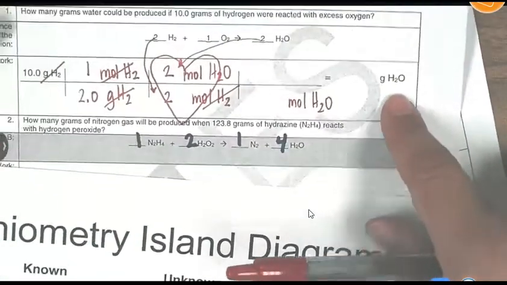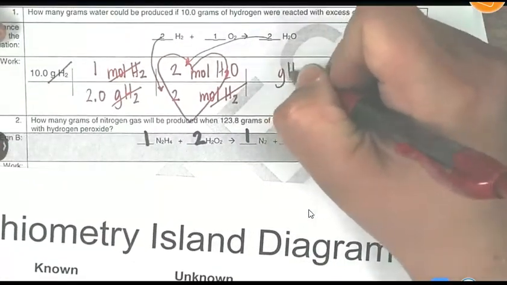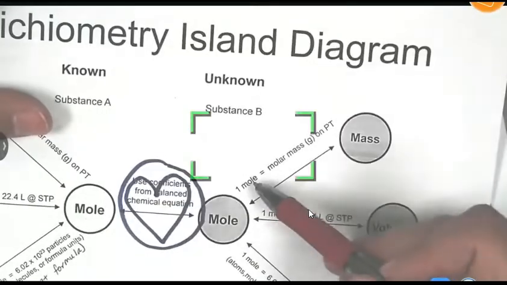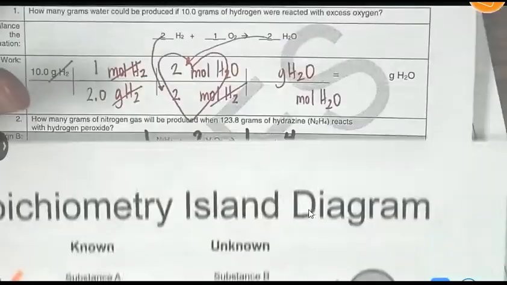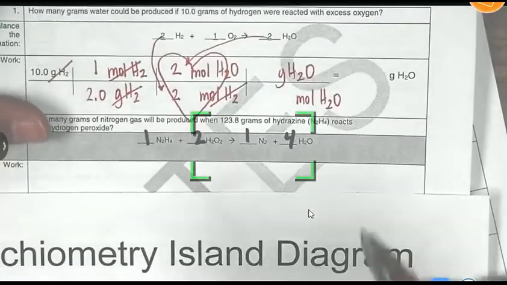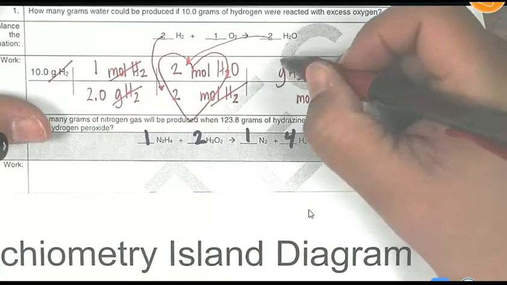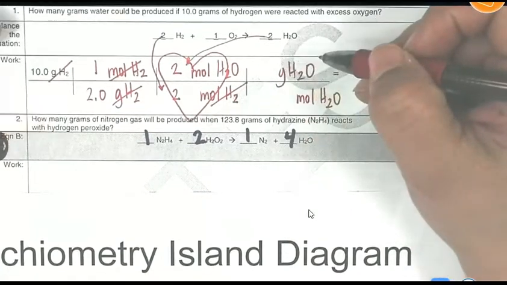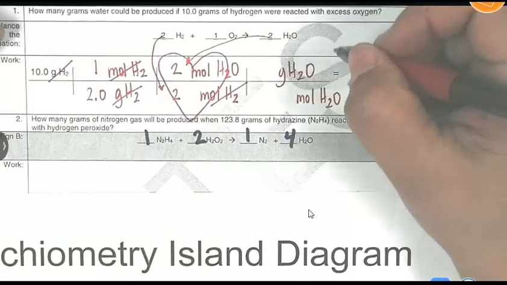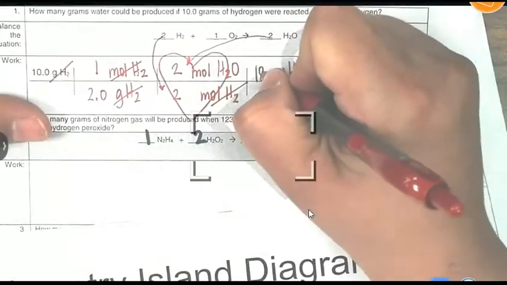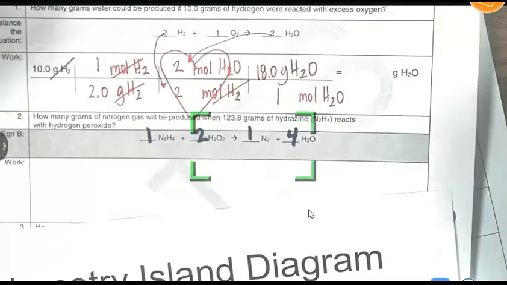So I'm going to go ahead and put grams of H2O up here. And if I'm looking at my stoichiometry island diagram, 1 mole equals molar mass in grams from the periodic table. So this is where I add up the molar mass on the periodic table, 2 times H, so that's 1.0. So 1.0 times 2 is 2.0 plus oxygen is 16.0, that's 18.0, and 1 goes with the mole.